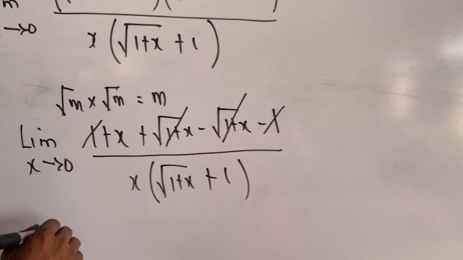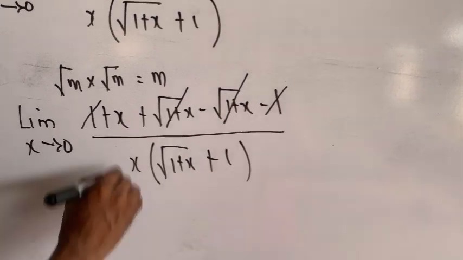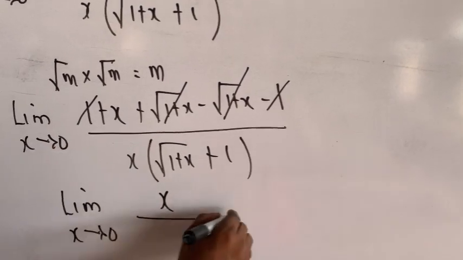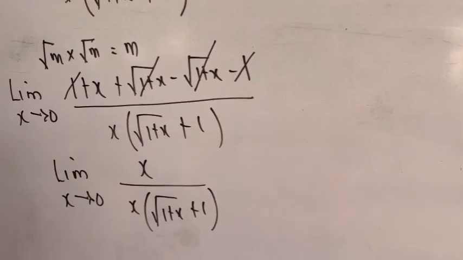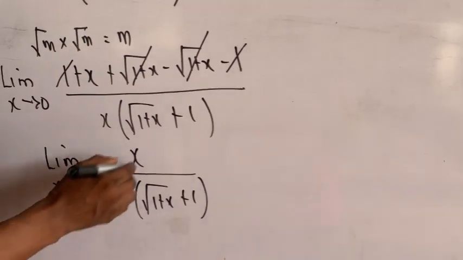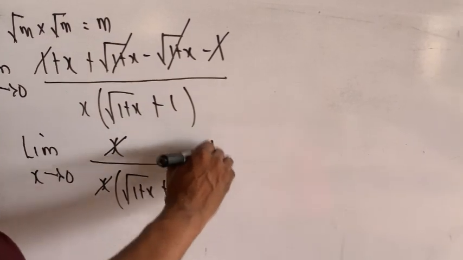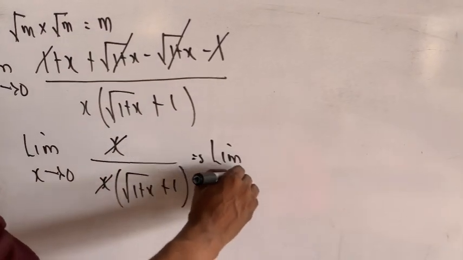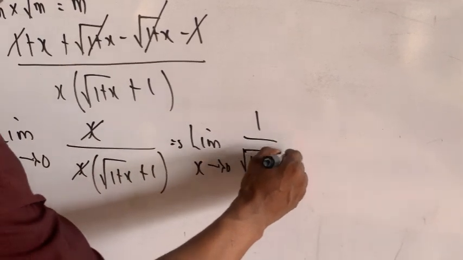So what are we left with? I'm left with the limit as x tends to 0 of x as the numerator over x times root 1 plus x plus 1. By looking at this expression, you agree with me, x can cancel x. So this implies the limit as x tends to 0 of 1 over root 1 plus x plus 1.